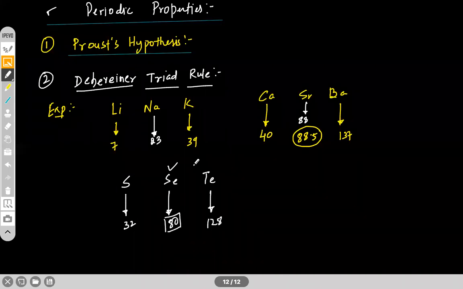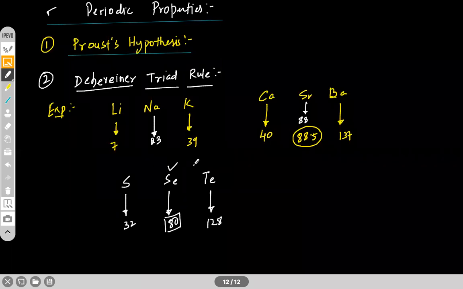Whenever you get this question, just take the atomic weight, take the average of the two, and compare it with the middle element. Chlorine, bromine, iodine forms. Hydrogen, fluorine, and chlorine forms. This kind of example we have.